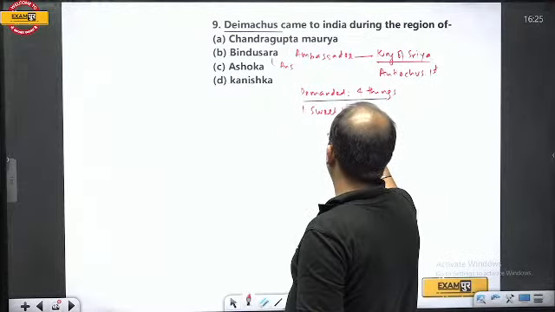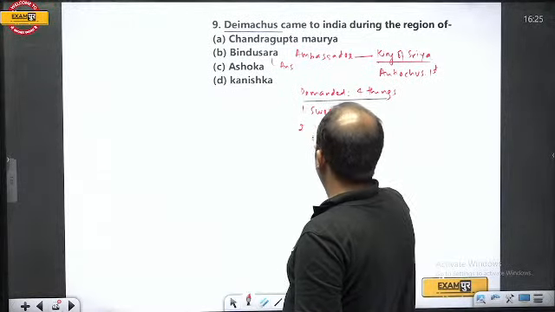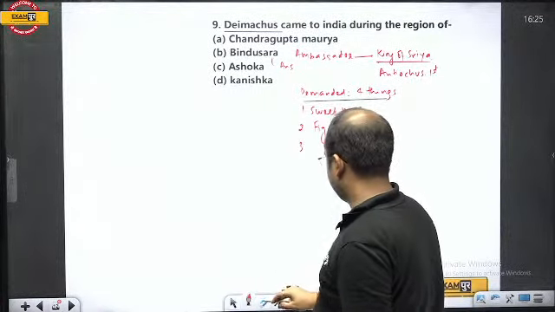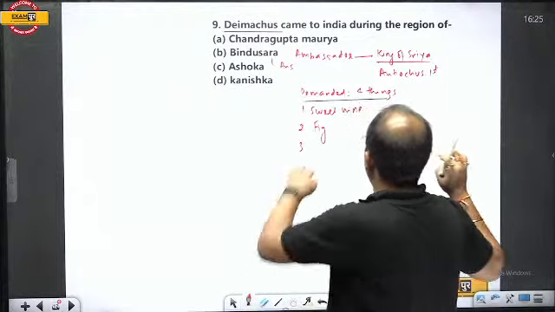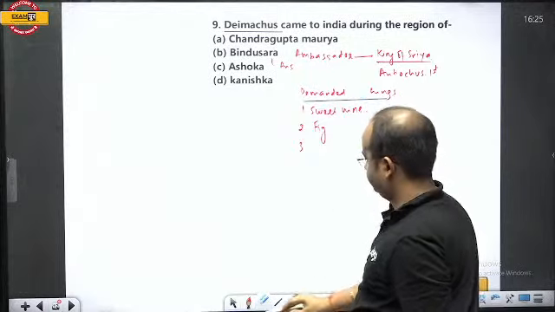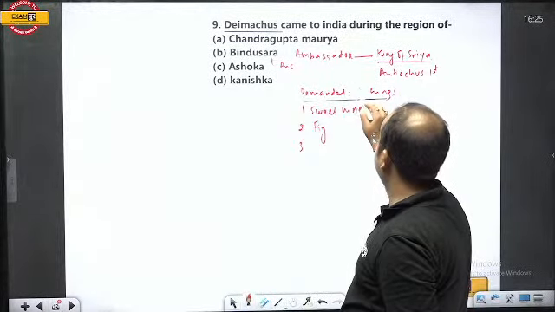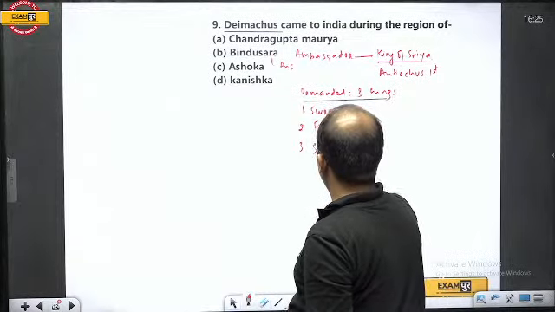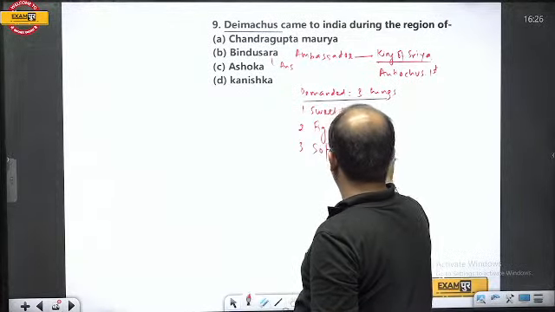Sweet wine, fig, and sophist. He demanded 3 things. Sophist means philosopher.